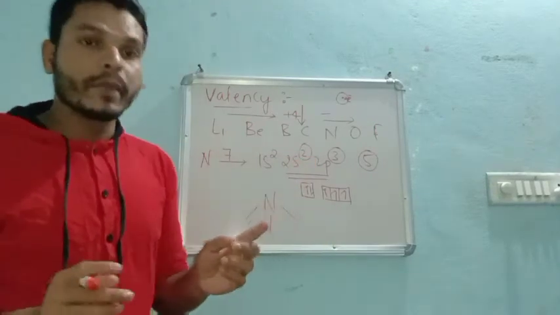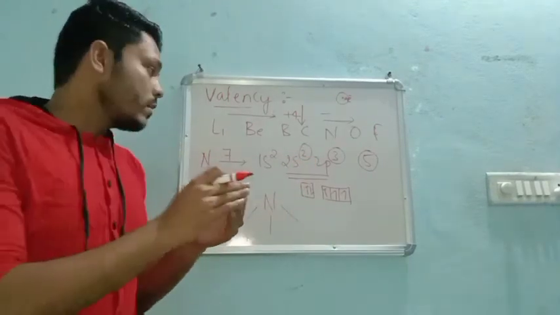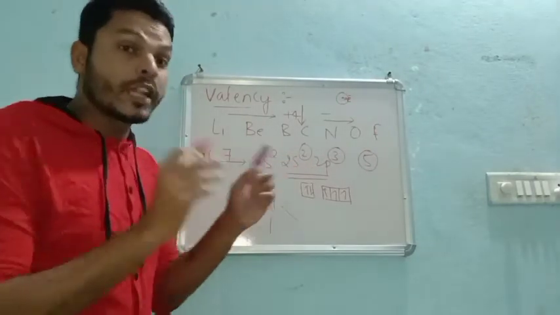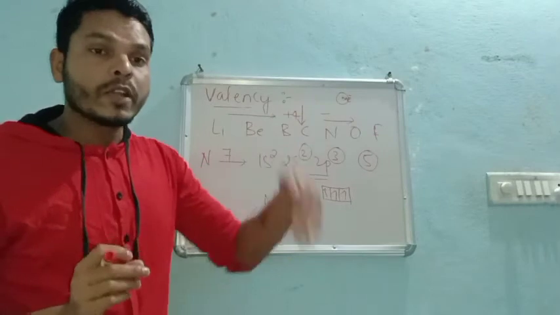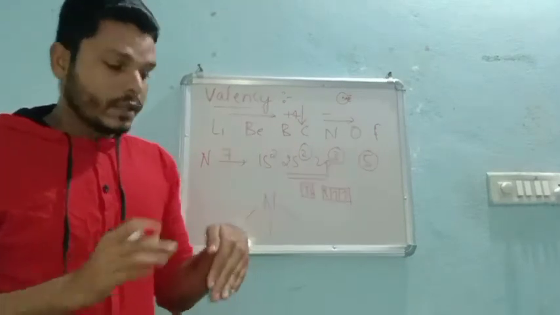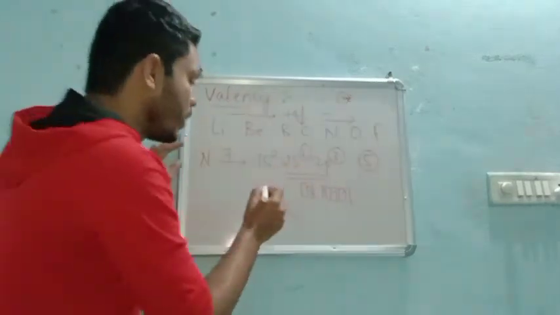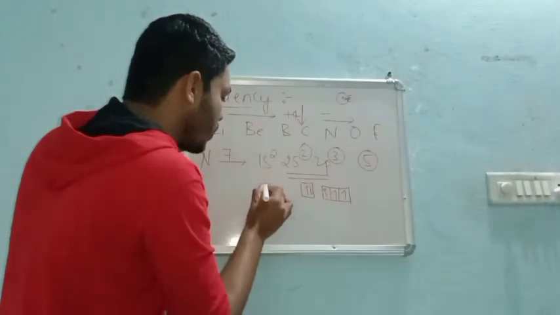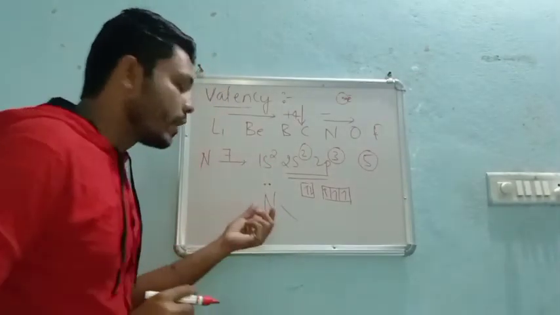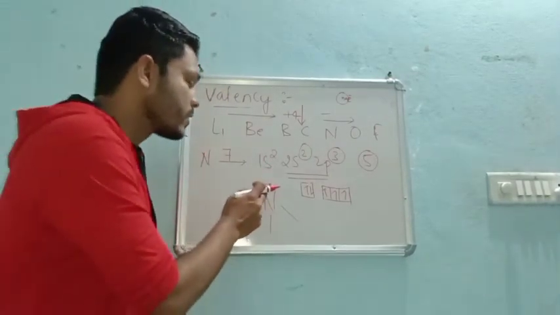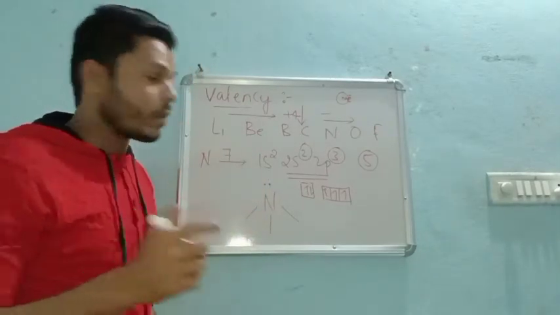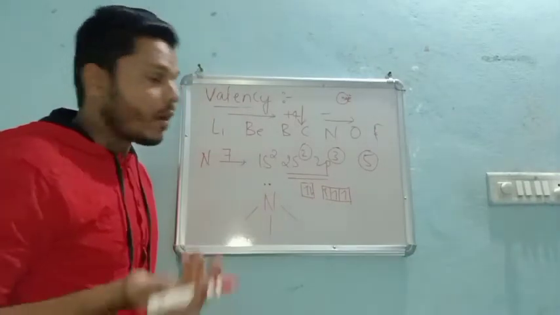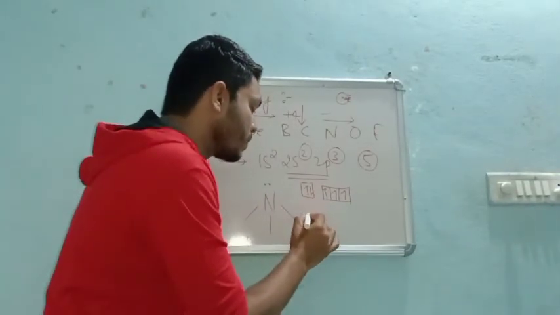Inert pair effect means that even though they are present, particularly the s orbital, in the valence shell, because of the inert pair effect those two electrons will not go for the formation of a bond; they remain on the nitrogen itself. So that's why we always see the two dots on the nitrogen, right? Very important, because of its stability we can say, or else because of the inert pair effect.